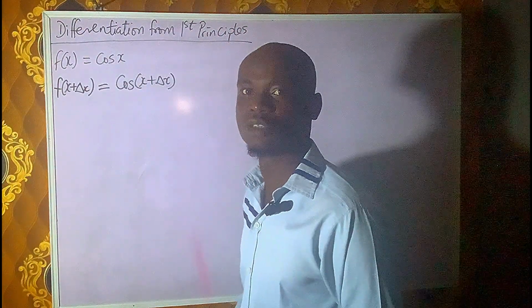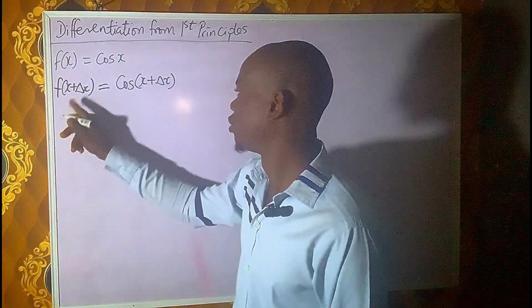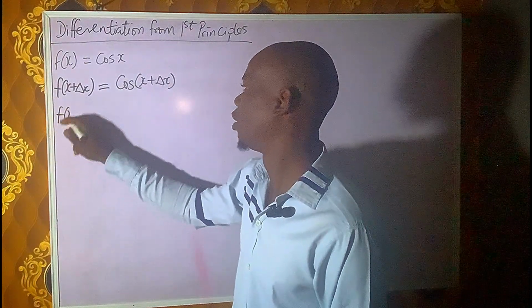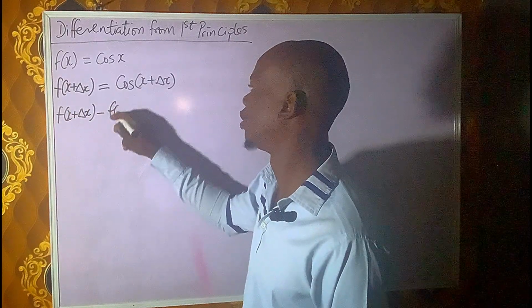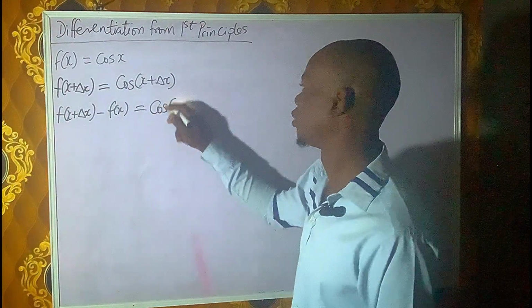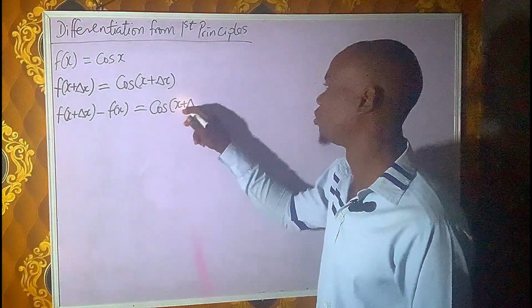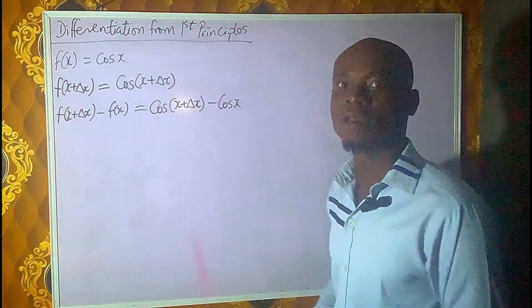Then the next step is to take the difference, the second minus the first. So this will give me f of x plus change in x minus f of x equals cos of x plus change in x minus cos x.